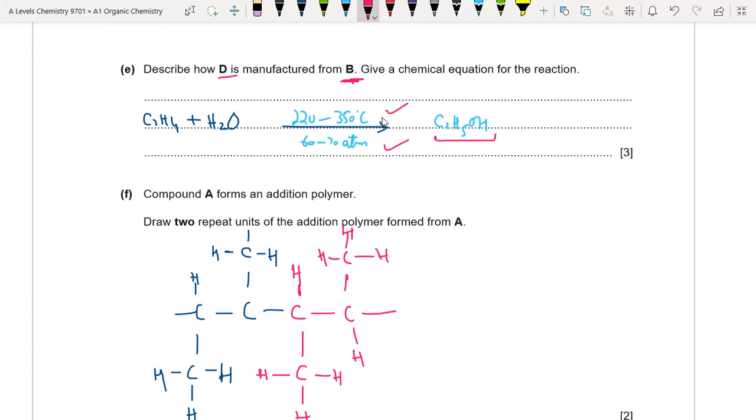Compound A forms an addition polymer. We saw types of reactions that organic compounds undergo, including addition and substitution. This is the addition reaction.